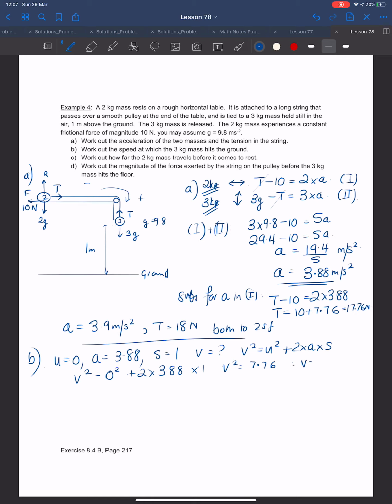So therefore V is the square root of 7.76, which is 2.78, which is 2.8 metres per second to 2 significant figures.